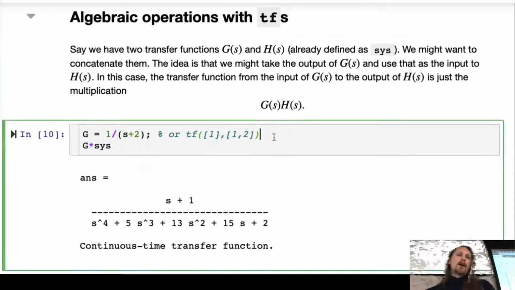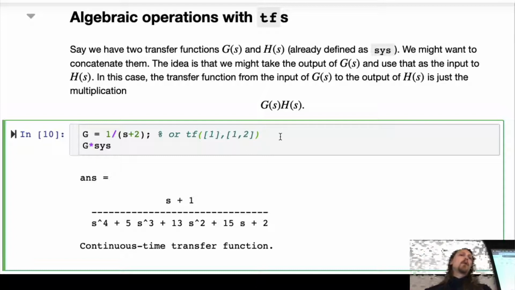I just decided to make a new G here, and there are two different ways we could write this. I already defined S to be this transfer function object, so I could use that, or I could write 1 over S plus 2.